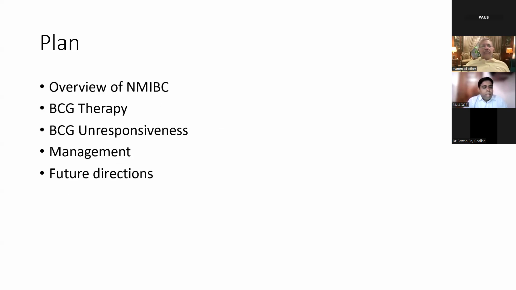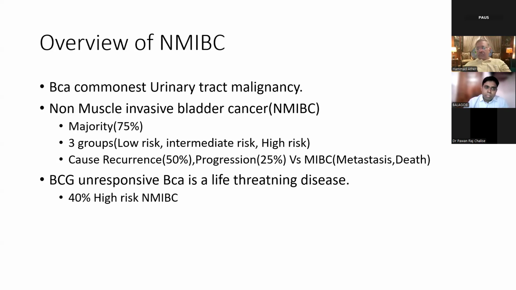So I'm planning to discuss this scenario. I'm going to give an overview of non-muscle invasive bladder cancer and an overview of BCG therapy, and discuss BCG unresponsiveness and management of these particular patients, and discuss the future directions.